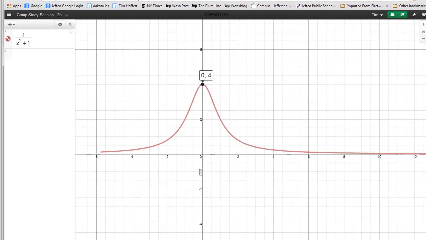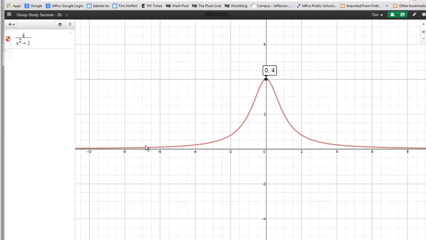And the same going to the left. So there's no x-intercept. Finally, y-intercept 0, 4, no x-intercepts, no vertical asymptotes. The horizontal asymptote, though, is y equals 0. This function right here, or this dotted line down here. So hopefully that helps on that one.